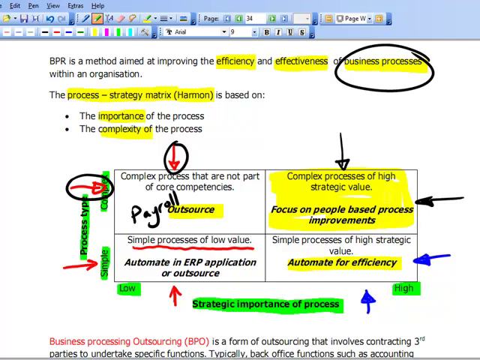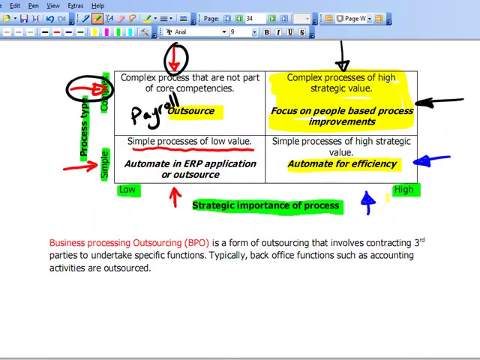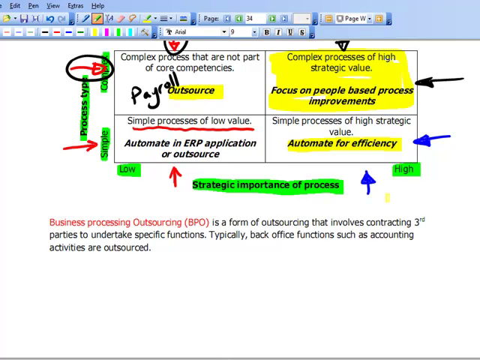Now, just to finish off this chapter, we've got a quick paragraph here, business process outsourcing. Okay, so we've mentioned in Harmon's matrix about outsourcing, but what do we exactly mean by outsourcing? This is business process outsourcing, BPO.